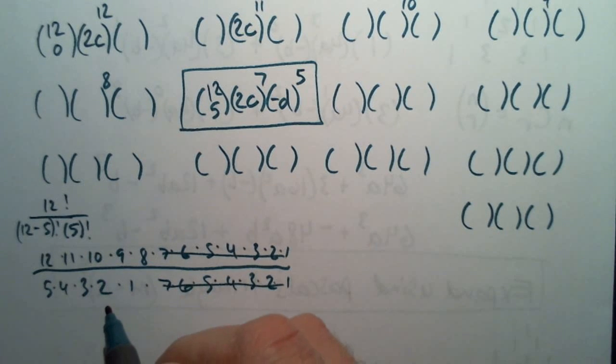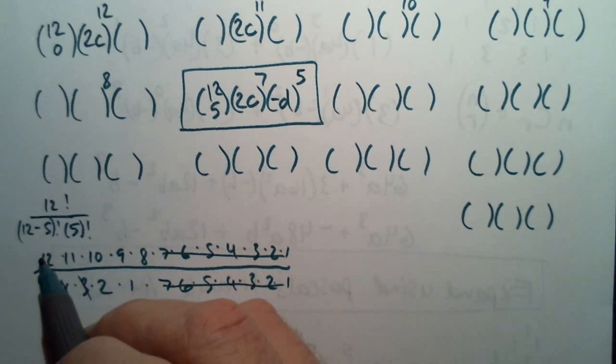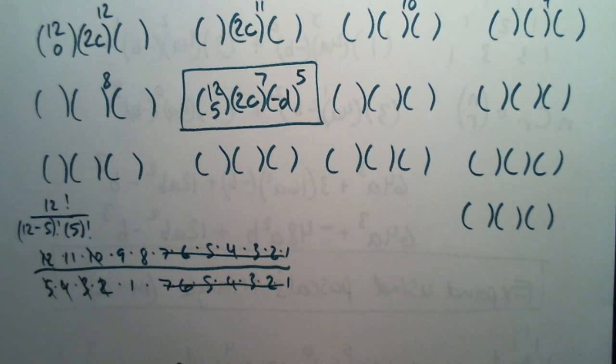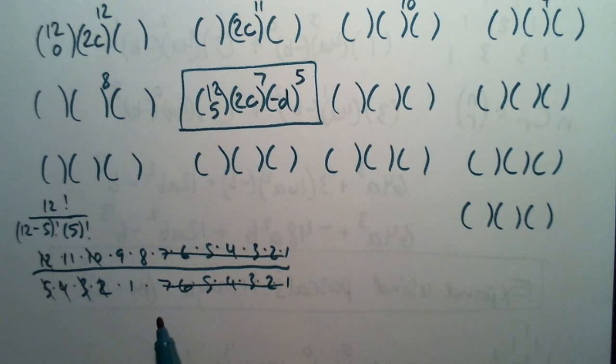And then we could look for 3 and 4 is 12, 5 and 2 is 10, and then we get 5, 4, 3, 2.